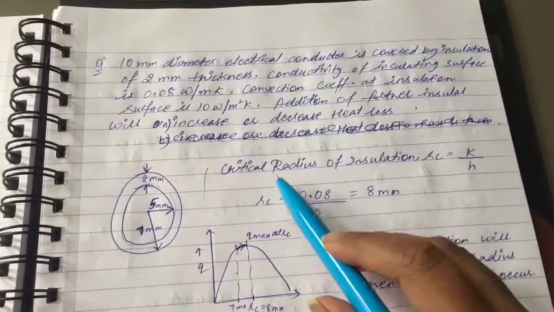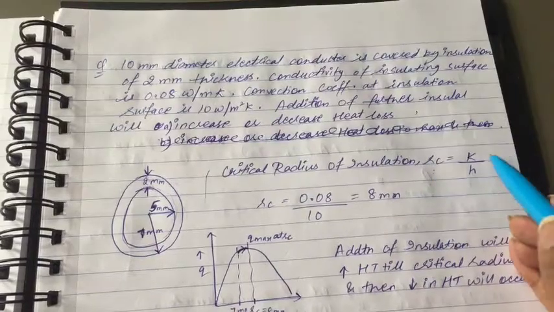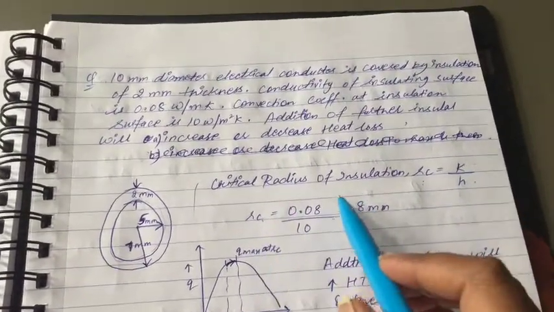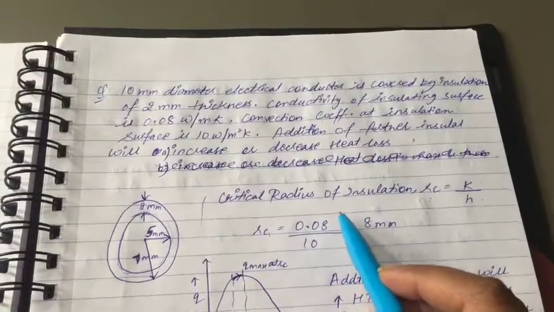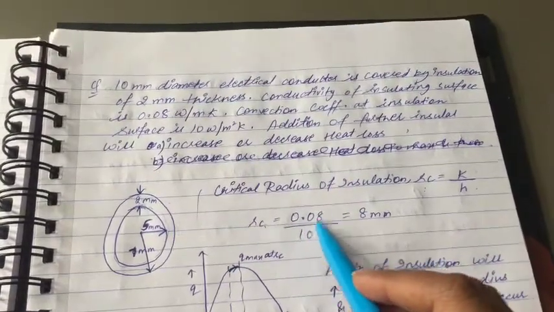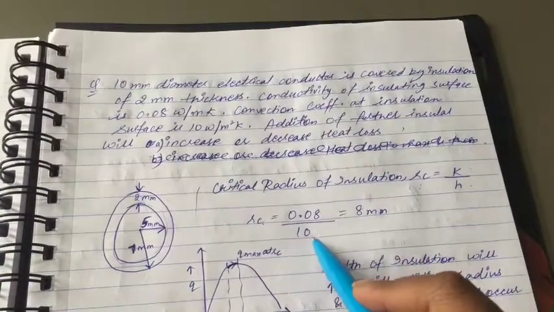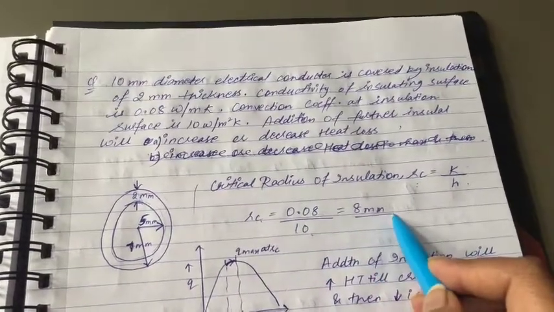We know that critical radius of insulation Rc is k by h. K, the conductivity, is given as 0.08, and h, the heat transfer coefficient, is 10, so Rc comes out to be 8 mm.